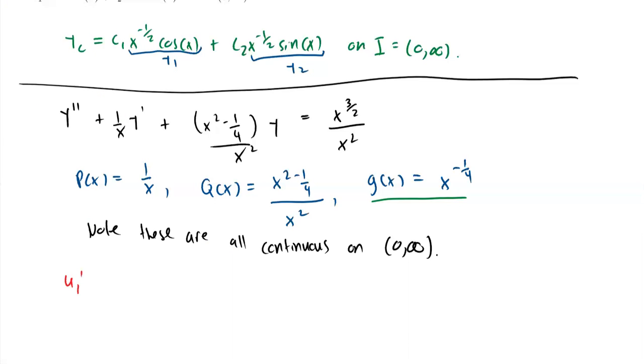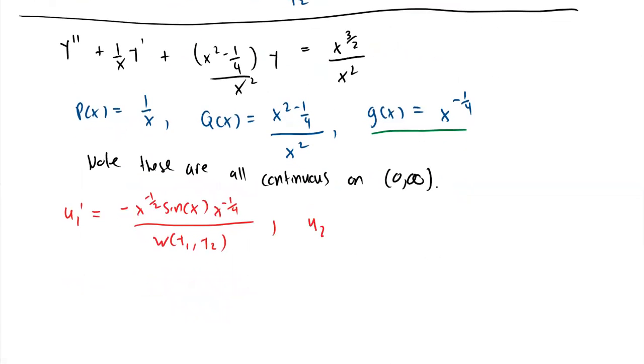So u1 prime is going to be negative y2, which is x to the negative 1/2 sine x, times g of x, which is x to the negative 1/4, all divided by the Wronskian of y1 and y2, which again you can also do on your own as an exercise.